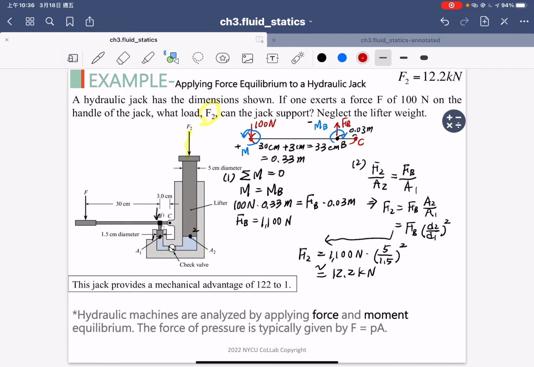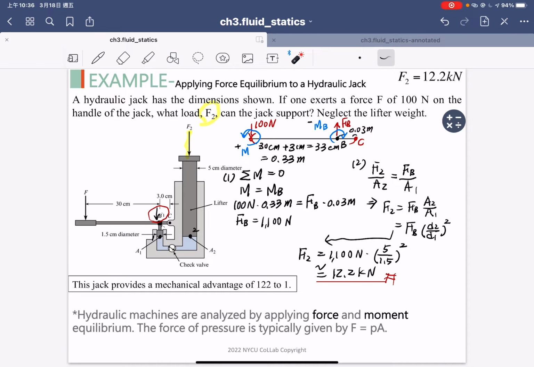This is quite a simple exercise, but the idea is that we need the moment balance first, so we can calculate the force acting at the A and B locations, and then we use the Pascal principle to find the final force we want, F2.